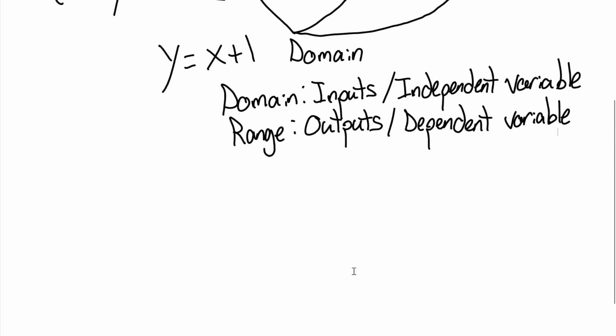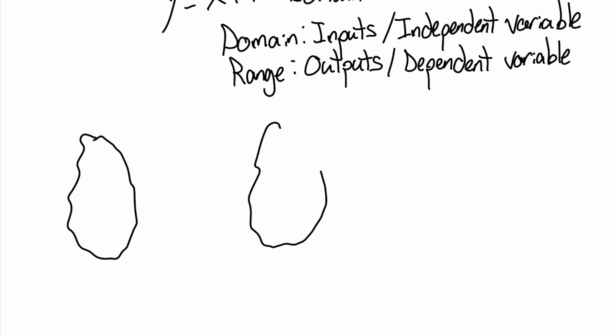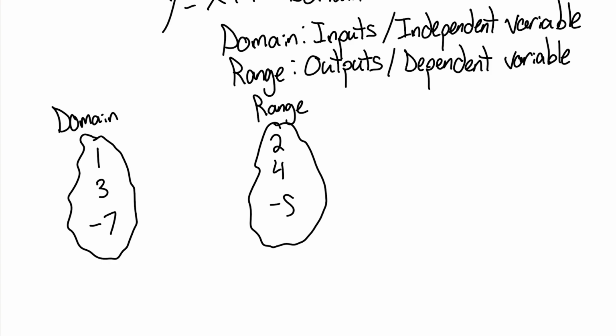So now to move on to the definition of a function, I think it's most helpful to visualize how this works first. So let's look at this as the domain, and this is the range. And we'll look at the values that we just defined a second ago. Hopefully I remember these correctly.